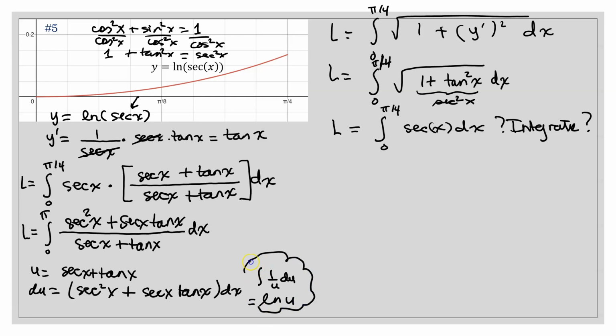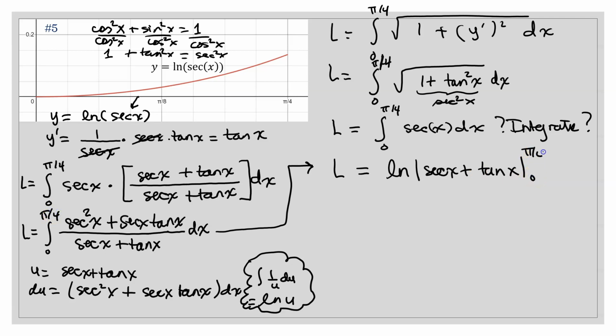That's a very nifty little trick, right? So this right here really is the length is equal to ln of secant x plus tangent x. And we are evaluating that from 0 to pi over 4.